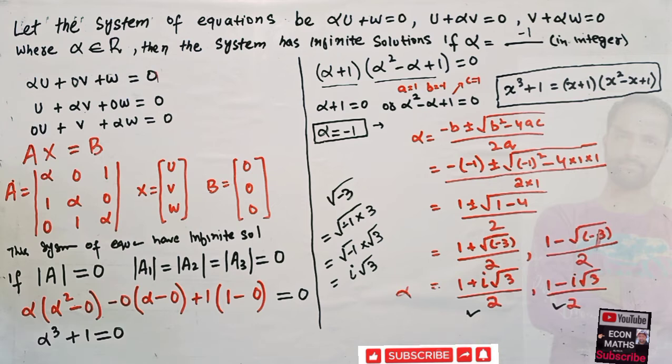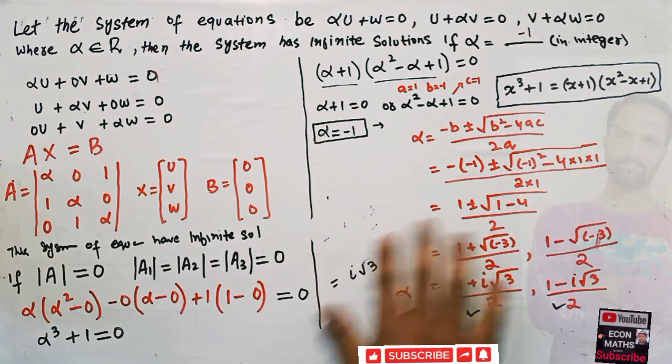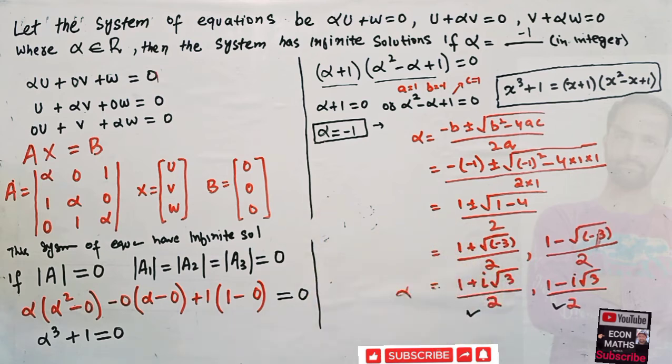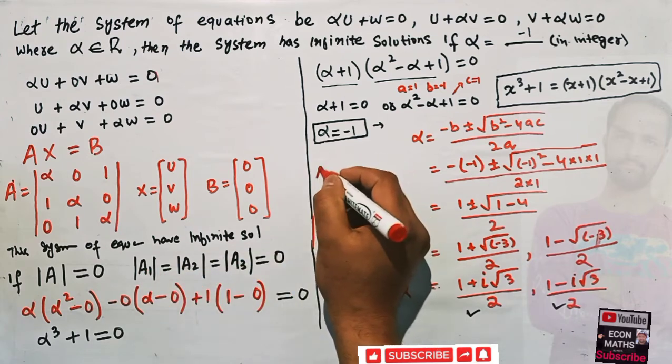Another point that I want to make here is that the determinant of these matrices should be equal to 0. How do we find out these determinants? It is simple. Let me show you. What is our A1?